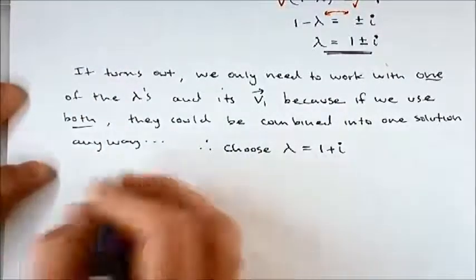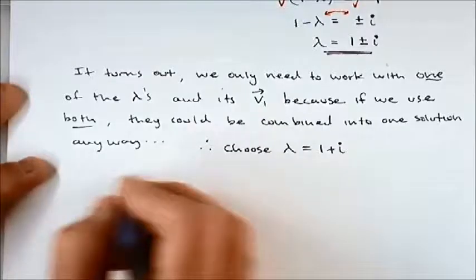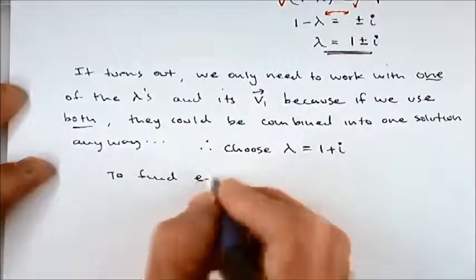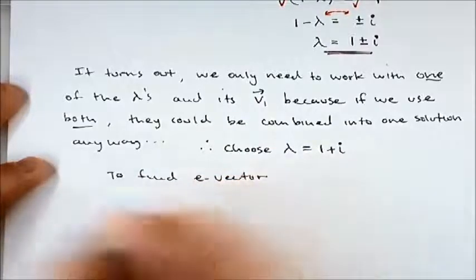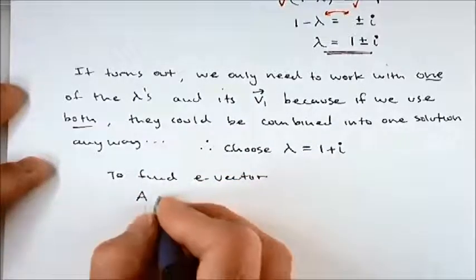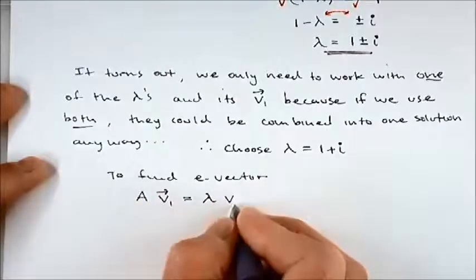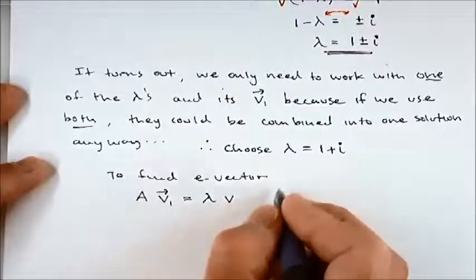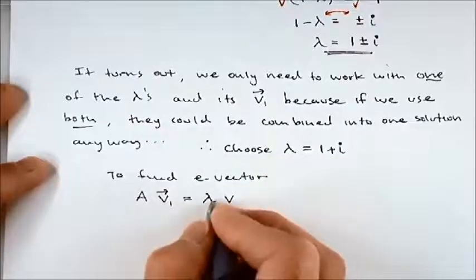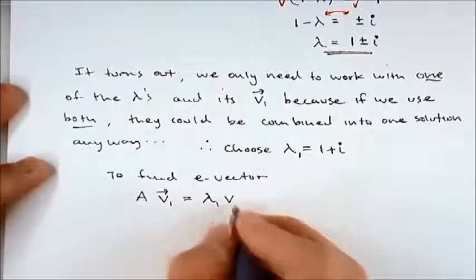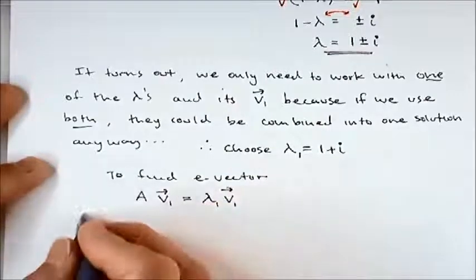So to find my eigenvector, we're using A times my vector equals my eigenvalue times my vector. There's no point in really numbering it because we're only using one anyhow.